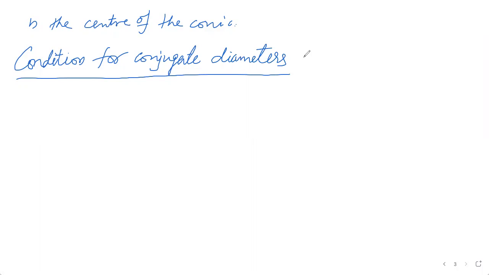Means what is the condition that two diameters are conjugate to each other? So what I will suppose? I will suppose that let us suppose two diameters are given to you, and I will find what is the condition that they are conjugate. Okay.